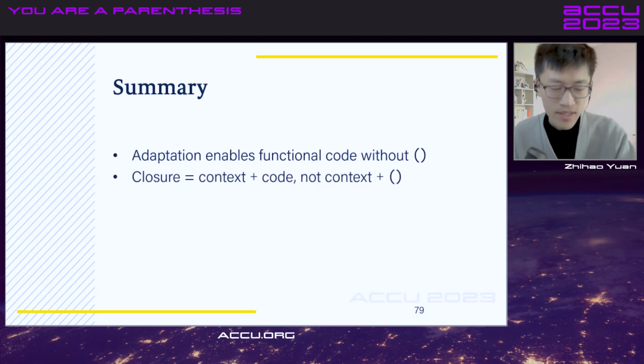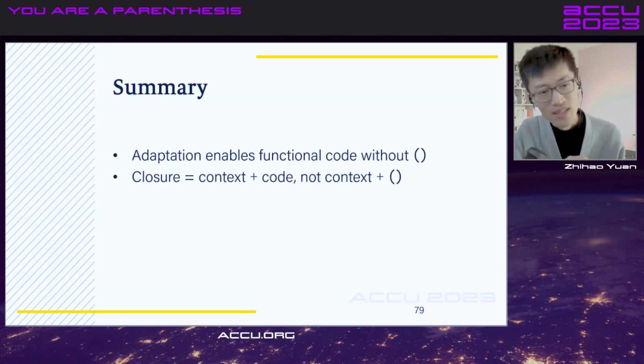Why? It's because we may have a misunderstanding of a concept called closure. When we learn closure in computer science, closure is context plus code. The closure concept is not about syntax. We never say closure is context plus a call operator. It's something callable, but it doesn't have to be a call operator.